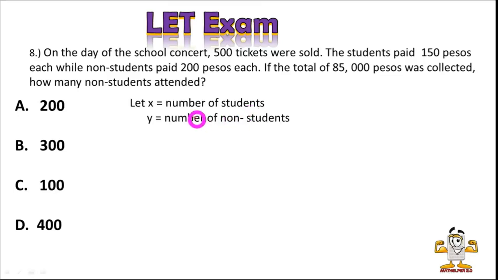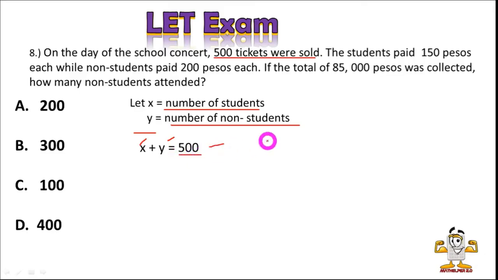So, let x be the number of students, then let y be the number of non-students. So, according to the problem, 500 tickets were sold. So, yung students at saka yung non-students is equal to 500 in all. So, yun po yung nasa concert is 500 lahat.